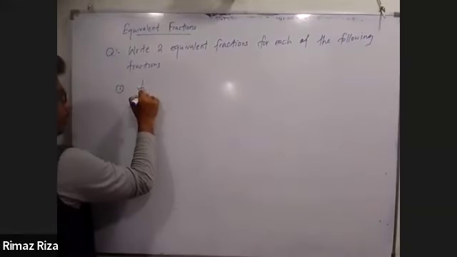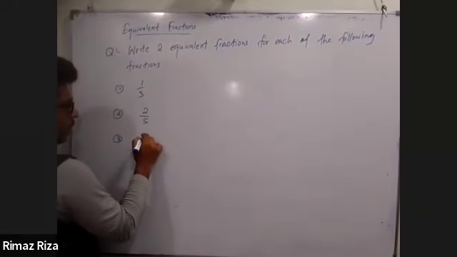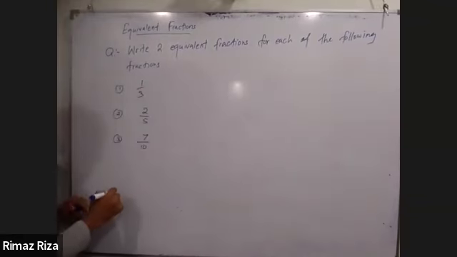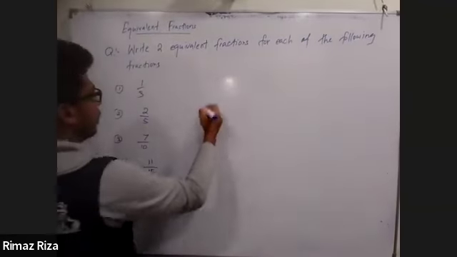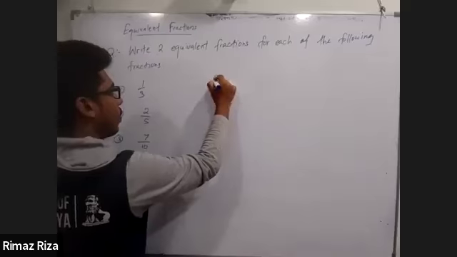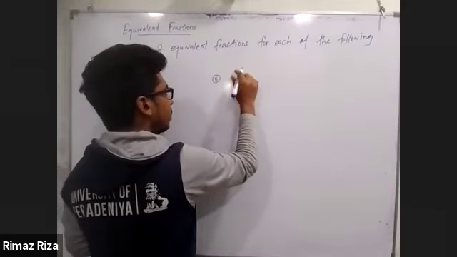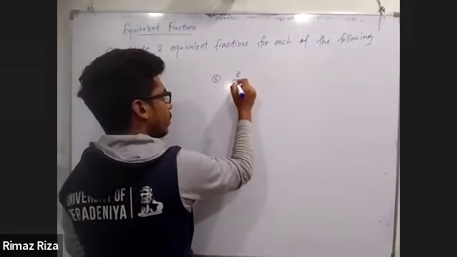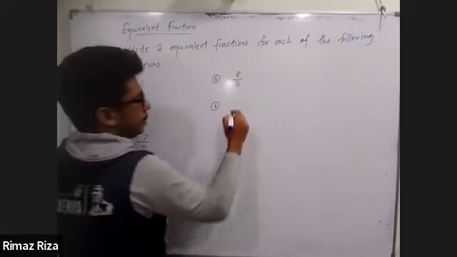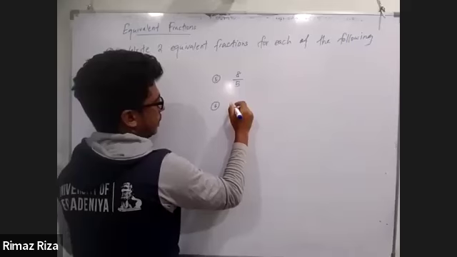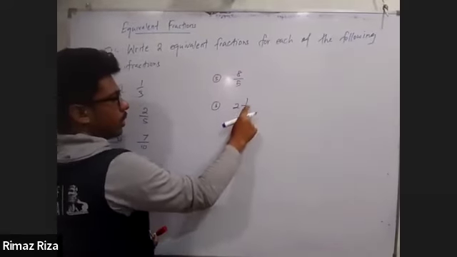Okay, 1 over 3, 2 over 5, 7 over 10, 7 over 15, 8 over 5, 6, 2 and 1/3.